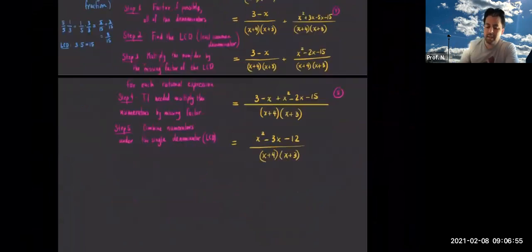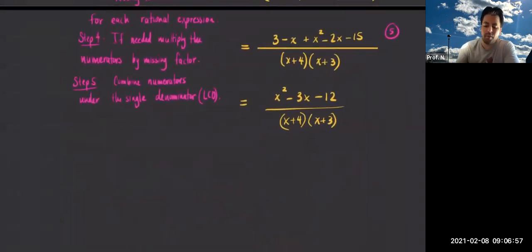However, we always want to see if it's possible to further simplify the expression. So at this point, step 6, if possible, factor to simplify the rational expression.